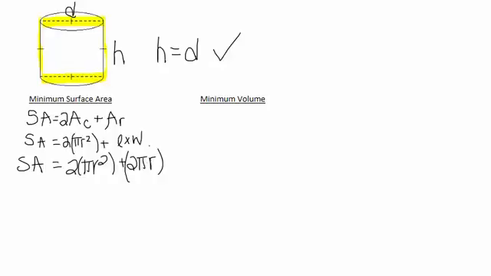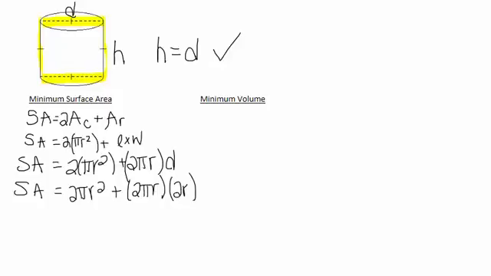And finally, this width is actually equal to the height, which we know is actually equal to the diameter. The final thing we need to put in is we know that diameter is equal to 2r. And now we can combine these together.